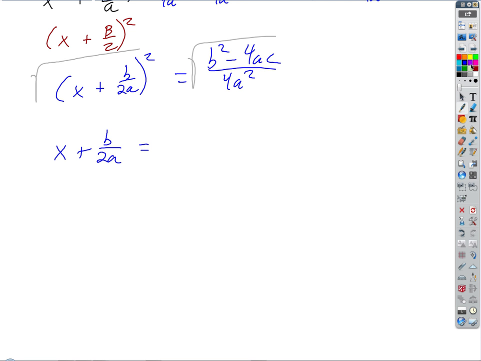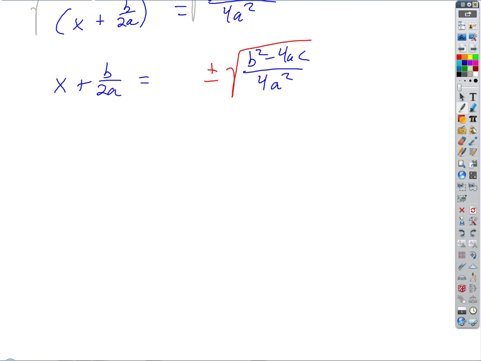Plus or minus the square root of this whole thing, right? Okay, but let's see if we can make that maybe even a little simpler. So I can split that apart into the square root of the top and the square root of the bottom. That's a property of radicals. We agree? Okay.